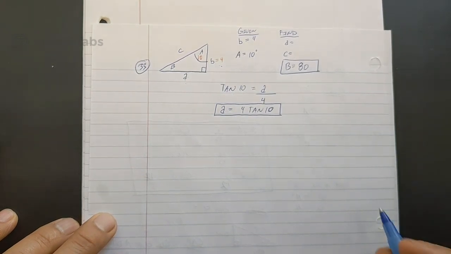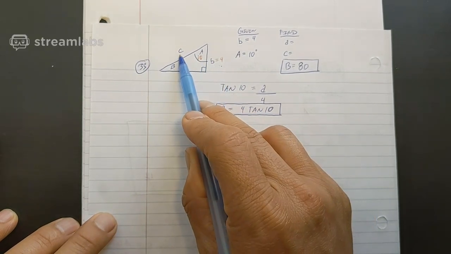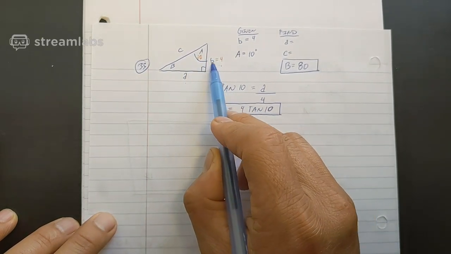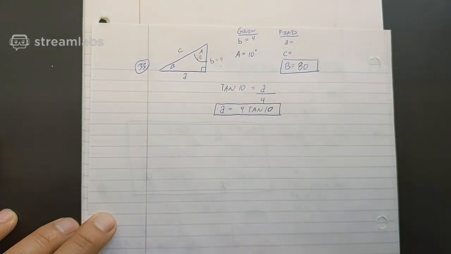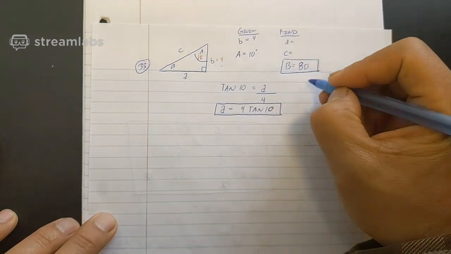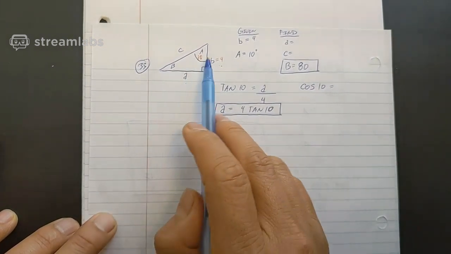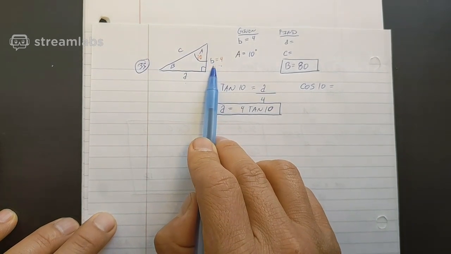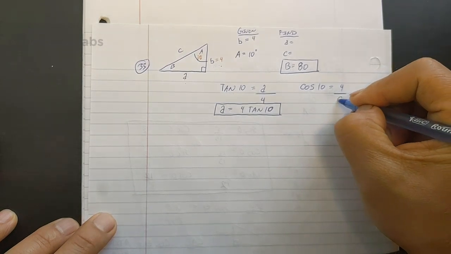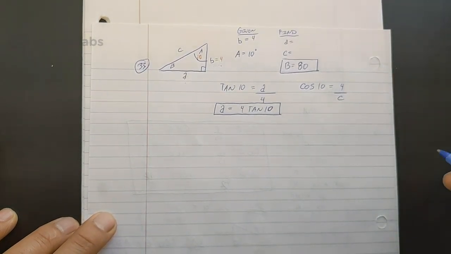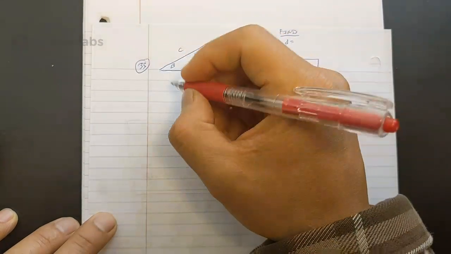If we want to find C, we have adjacent over hypotenuse. So adjacent over hypotenuse is cosine. So I need to write cosine 10 degrees is equal to adjacent over hypotenuse, which is 4 over C. You just rewrite these.